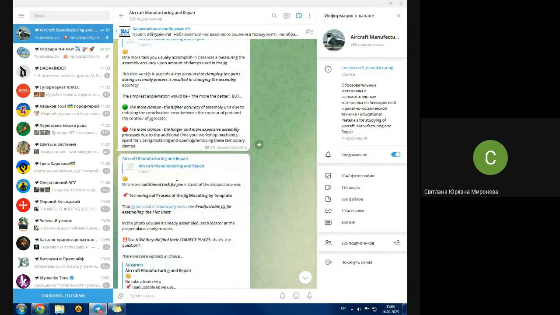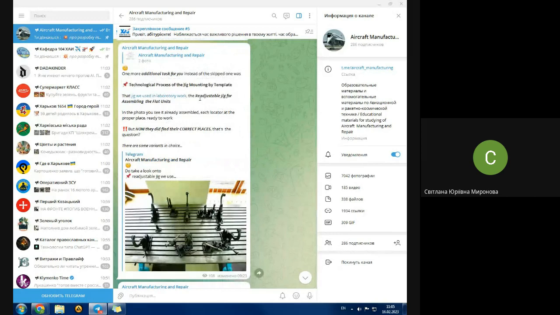Where they started, here is one more additional task for you. We demand that you write down the technological process of jig mounting. This readjustable jig, which may be mounted for one item or another, is mounted by template. How it's mounted, we will see in a minute. Not see, but in photos only.